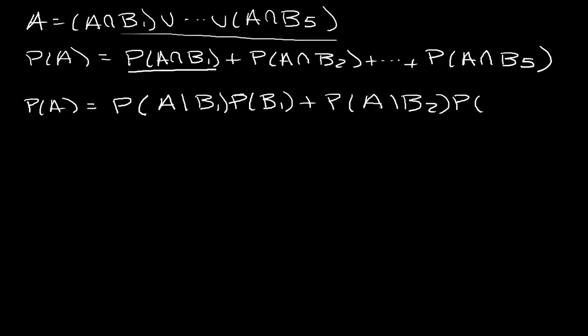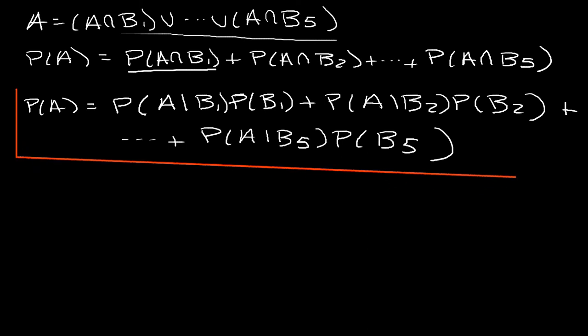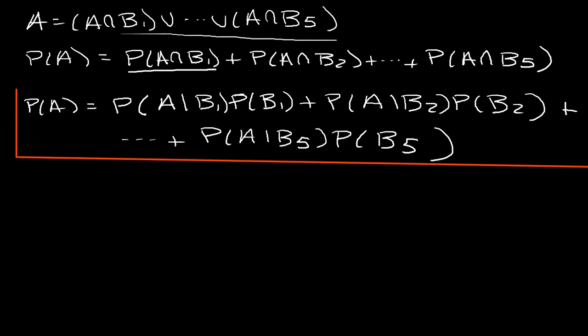Remember, we are just using the multiplicative law. We're not doing anything new, all the way until B5. And this is what we call the law of total probability.